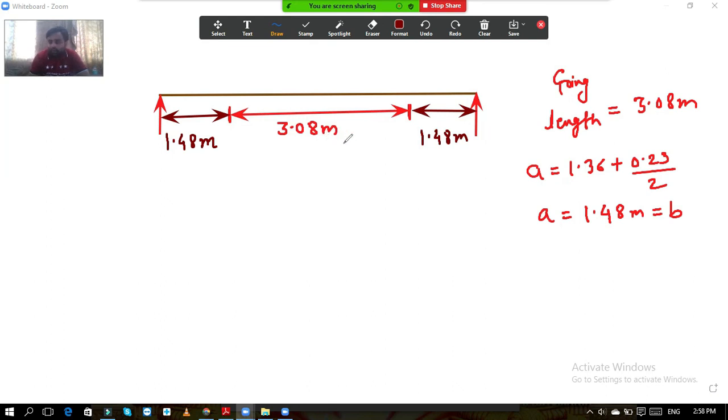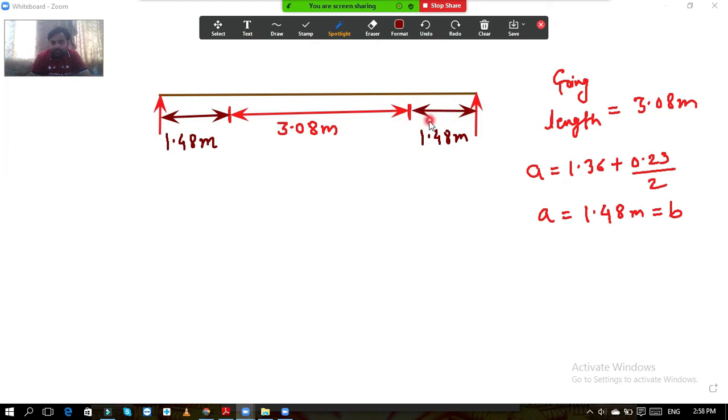So I think it was mute. I will explain it once again. See what I have done. We know the going length. Going length is 3.08 meter. We have already calculated. I have picked the center point. From the center point to the right hand side 1.54, to the left hand side 1.54. So this total will become 3.08. Now the remaining length we need to calculate.